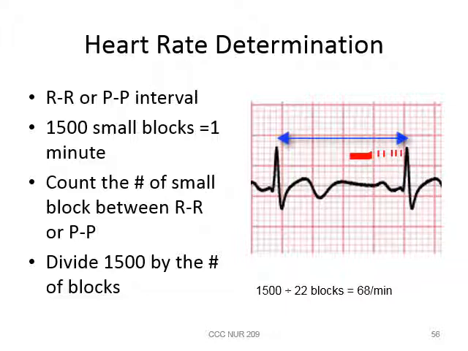Here's another 5. 5, 10, 15, 20. There's about 22 blocks between the two. So if I divide 22 into 1500, that's going to give me a rate of 68 beats per minute. Again, these work very well if you have a strip that's less than 6 seconds.